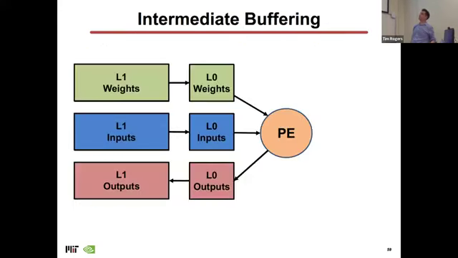Which is typically true. Another thing you can do is buffer. Again, this is old hat for architects, right? It's better to have a hierarchy of memories instead of just one flat memory, because it's more efficient to have things as a cache hierarchy, for example.